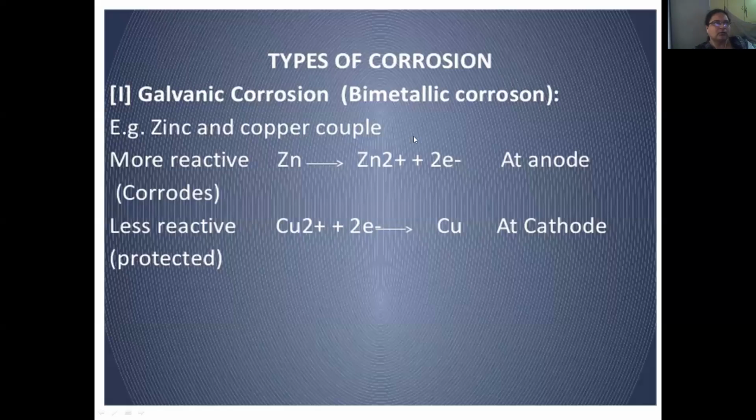So galvanic corrosion is more reactive at the anode and less reactive at the cathode. So zinc is getting corroded and this is getting protected.